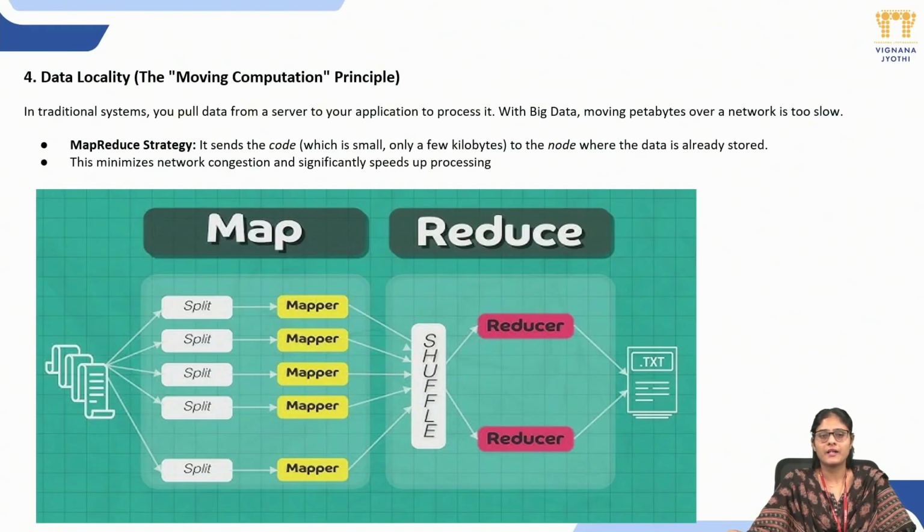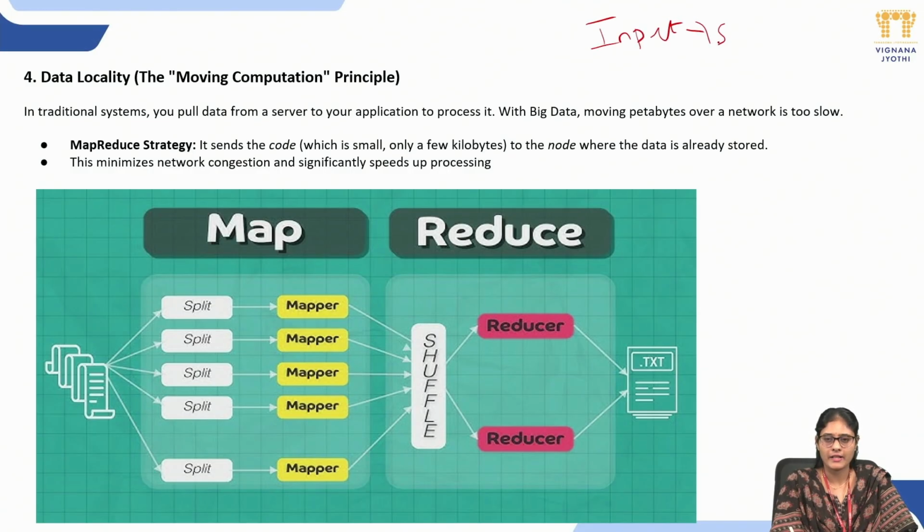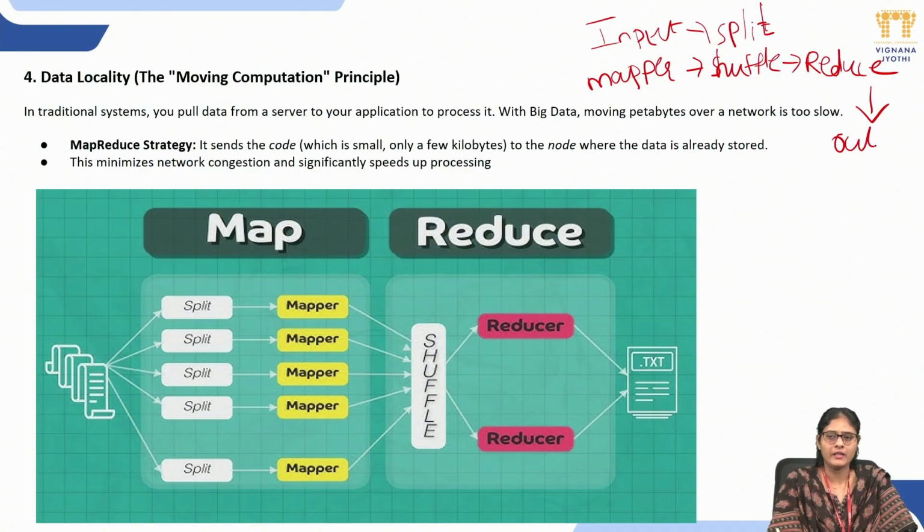So there are different steps in MapReduce. The first one is input, next is split, the third step is mapper, the fourth step is shuffle, the fifth is reduce, and then we will get the output.